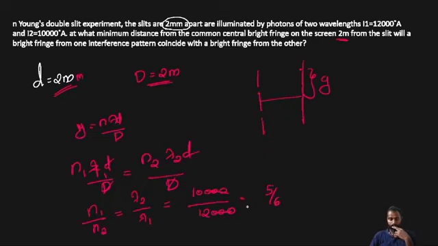Okay, 5 by 6. That is, I can write the fifth maxima of lambda 1 will coincide with the sixth maxima of lambda 2.